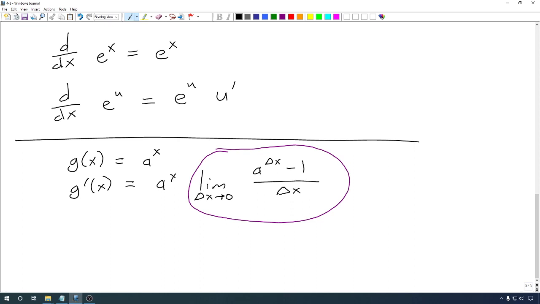But it is kind of interesting that even though we can't finish the problem, we can tell that if we start with an exponential function, regardless of the base, then the result is that same exponential function times some number. So they kind of have the same characteristic as e to the x, it's just not quite as nice.